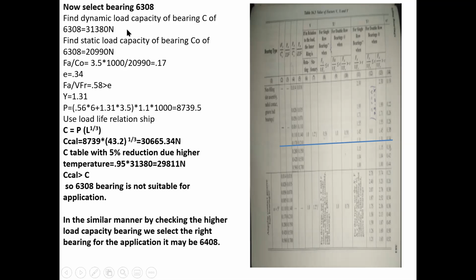But we cannot use this value of C table because the bearing is operating at 125 degrees. So we have to consider 95% of this value for checking.